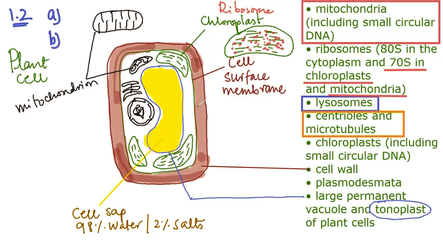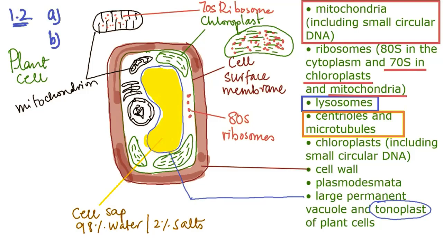So the cytoplasm of this cell contains 80S ribosomes, while the ribosomes present inside the mitochondria or inside the chloroplast are smaller, they are 70S ribosomes. We're going to talk about these in more detail, and the other differences in the mitochondria and chloroplasts, once we talk about the structure of these organelles in more detail.